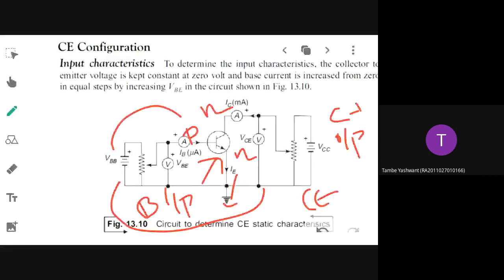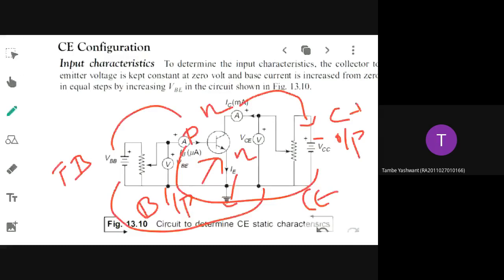And here N is connected to positive, so it is reverse. I think this way you should connect. P is connected to negative, I think so. Okay, so it is reverse bias.